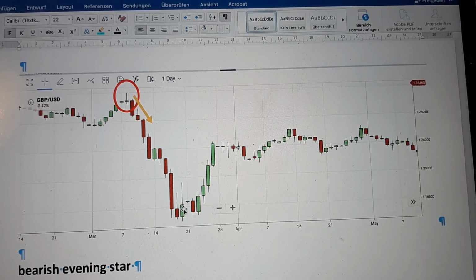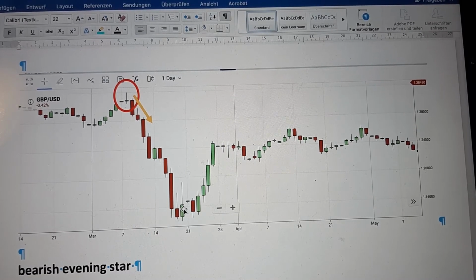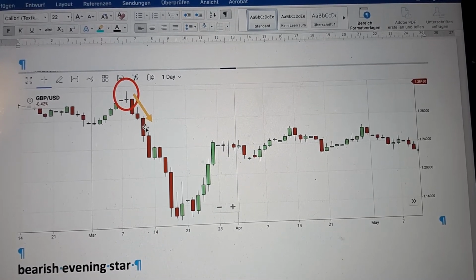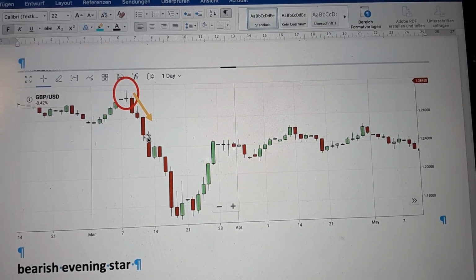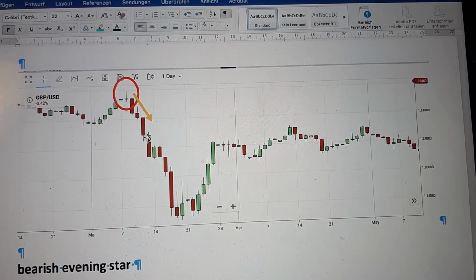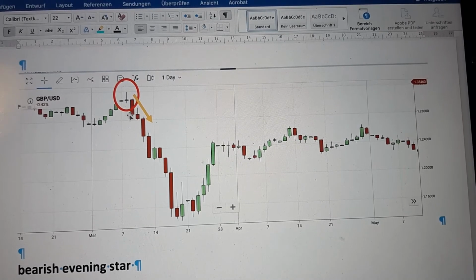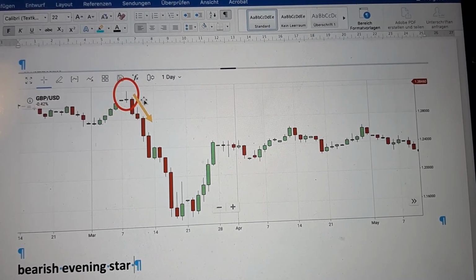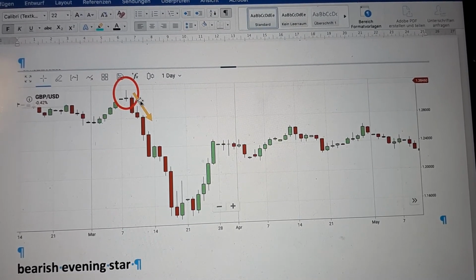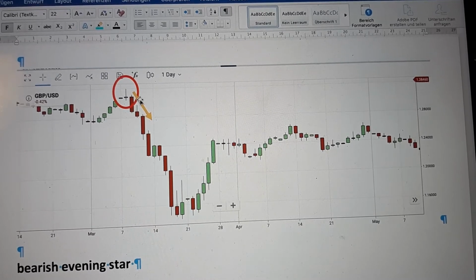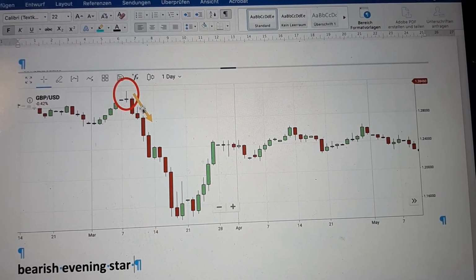And then on the same chart, we've got the bearish 3 black crows, which is a reversal pattern. This pattern usually starts at or near the high of an uptrend, as you can see here. And this pattern predicts that the decline is likely to continue.